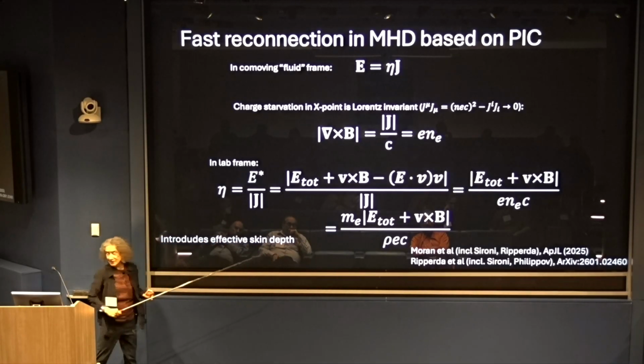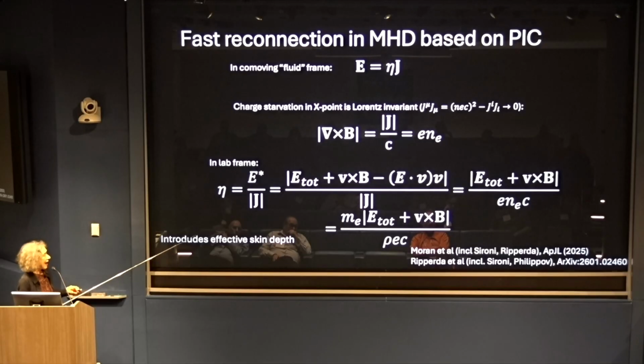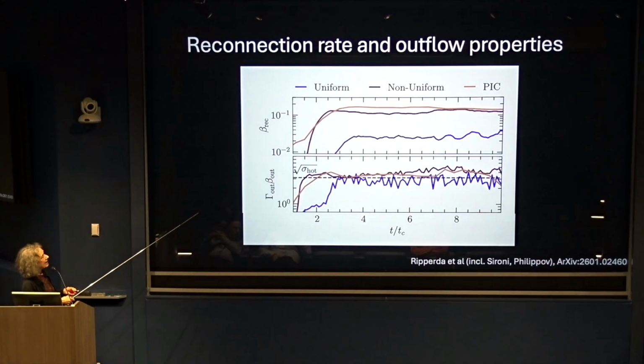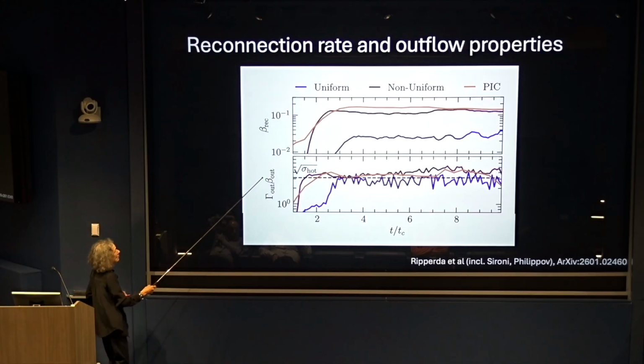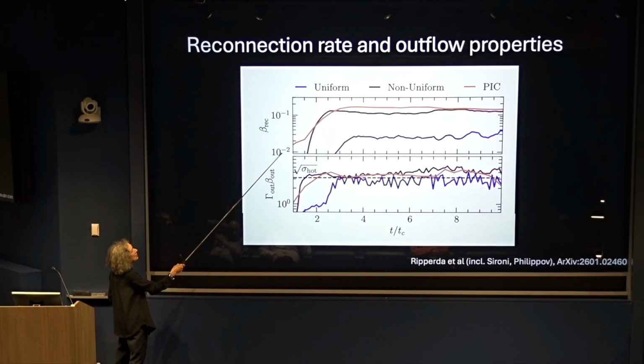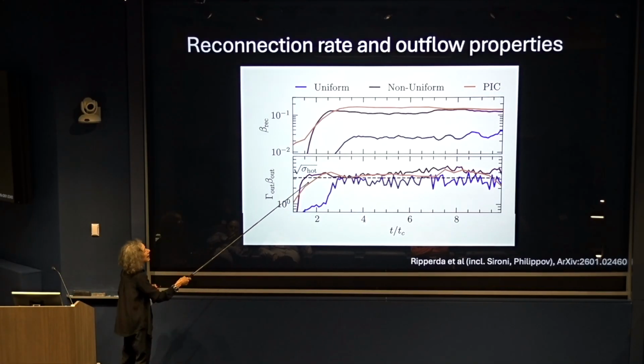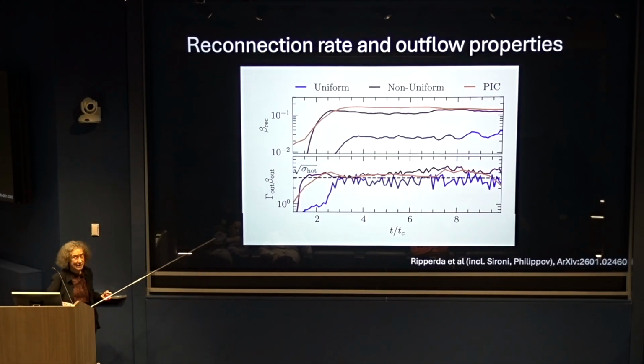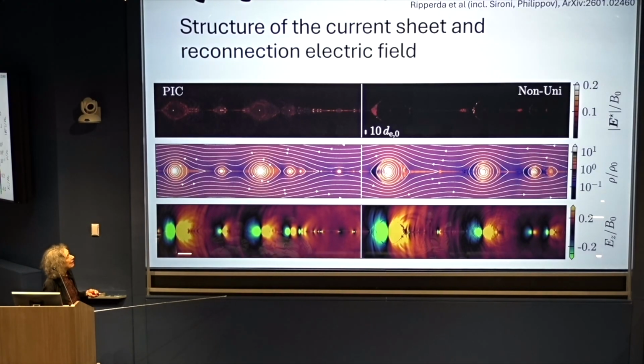Here's a reference. And here are some tests for how it works. So the idea is to apply this as a subgrid prescription that's validated by PIC simulations. It's applied when there's a non-ideal electric field and there's an X point, and it works quite well.